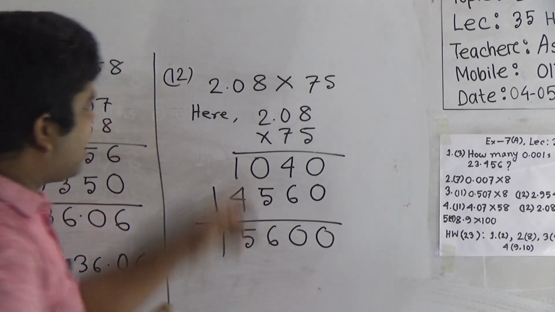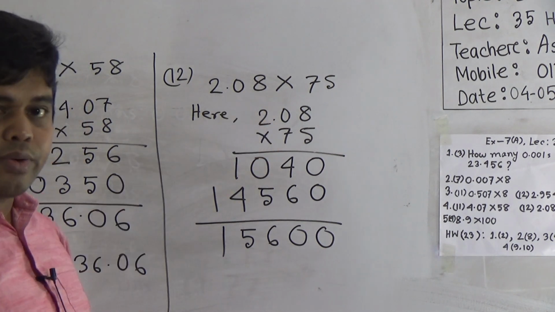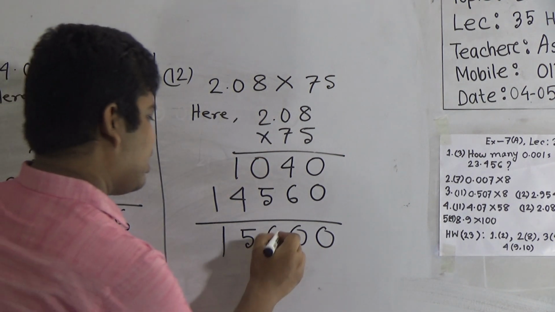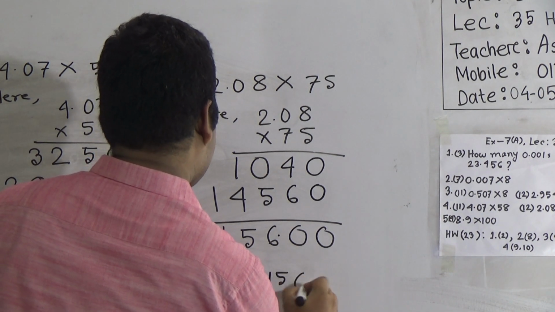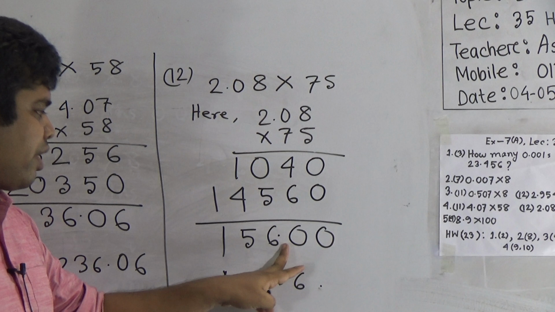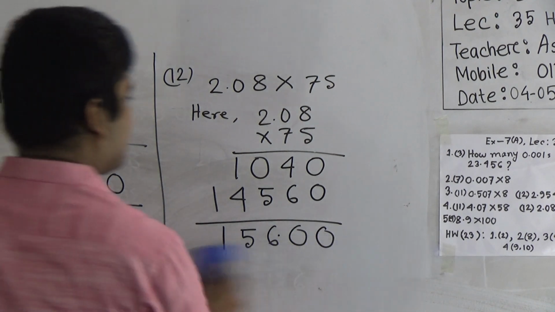So notice after the point there are 2 digits. So where will the point be? The point will be here and the answer is 156. We know that after the point the 0 has no value. So we write 156.